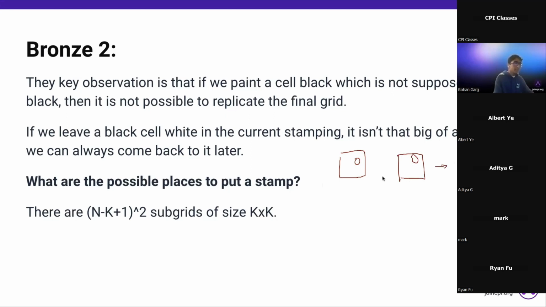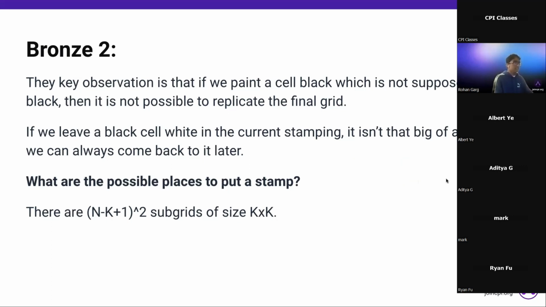Then we can always come back later and stamp it again to make this 1. If we take another stamp that has ink at this coordinate, then it gets colored black as we want. So if a cell is black when we're painting it, then it must be black in the final grid. But this is not the case vice versa, because if it was white, then it doesn't matter, and we can come back to it later.